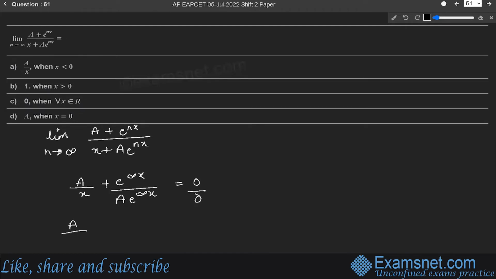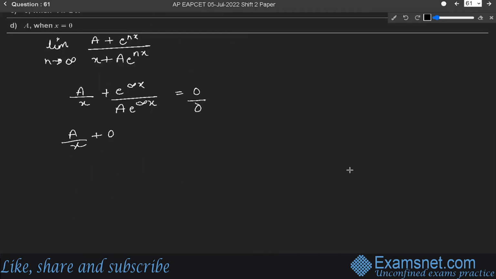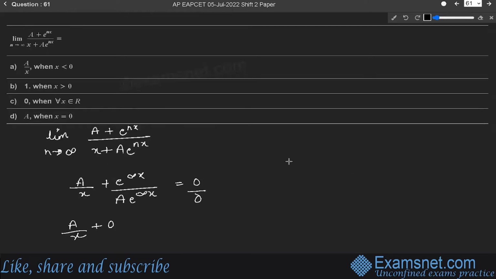So it will be a upon x plus 0, which is a upon x plus 0. So this will be equal to a by x. Therefore, we can say that the correct option here is a by x when x is less than 0. So we can say that the correct option here is A.